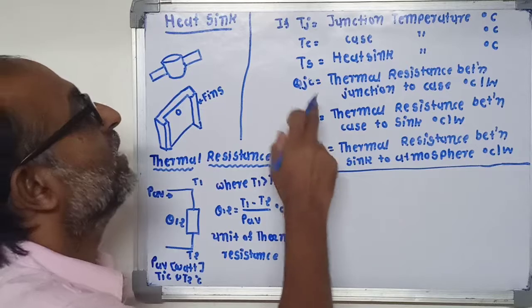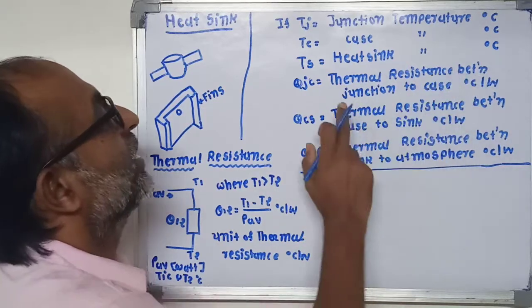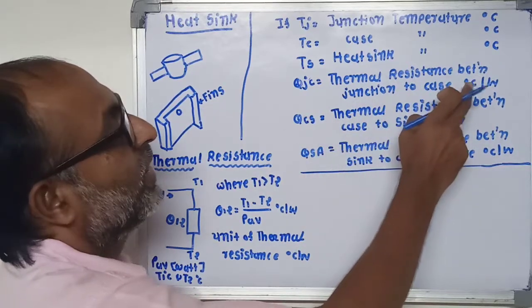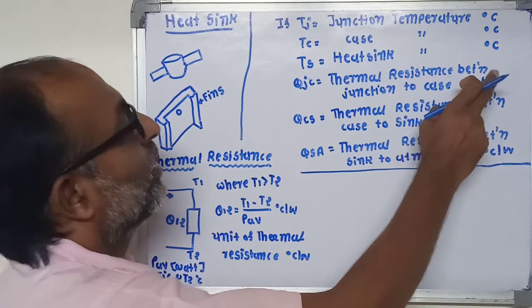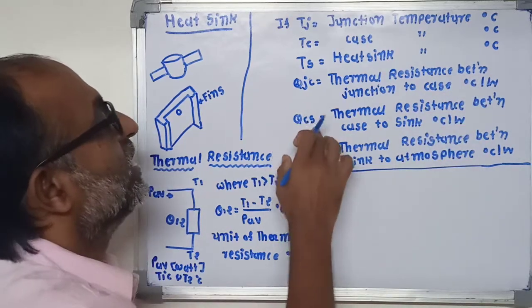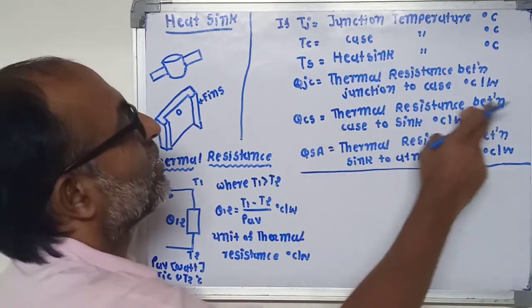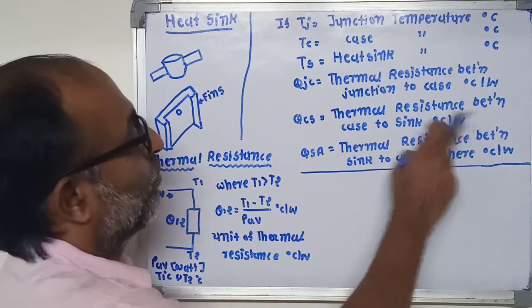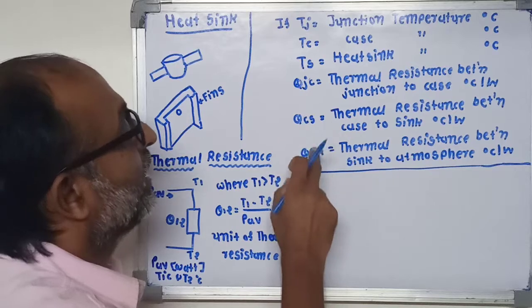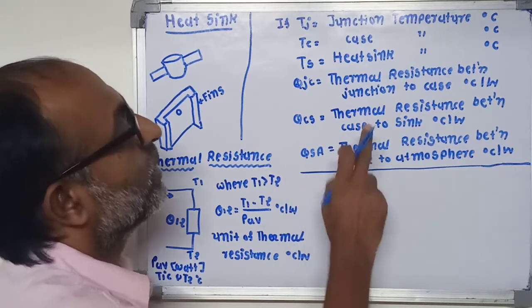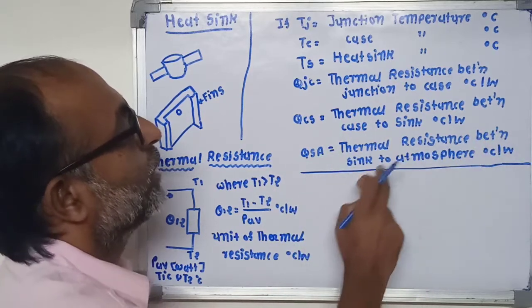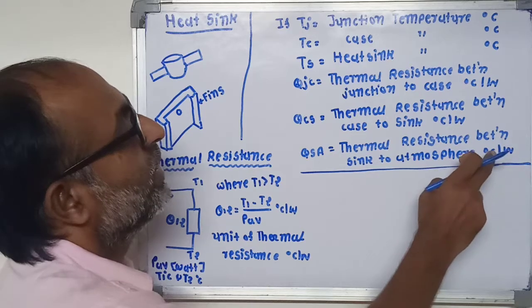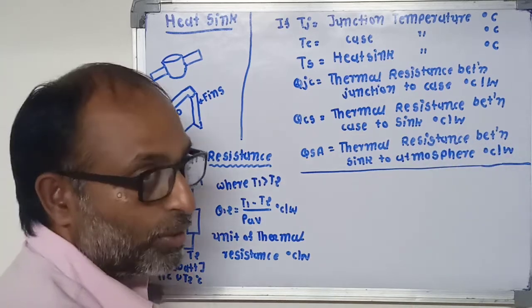Theta Jc is the thermal resistance between junction and case in degree centigrade per watt. Theta Cs is the thermal resistance between case and sink in degree centigrade per watt. Similarly, theta Sa is the thermal resistance between sink and atmosphere in degree centigrade per watt.